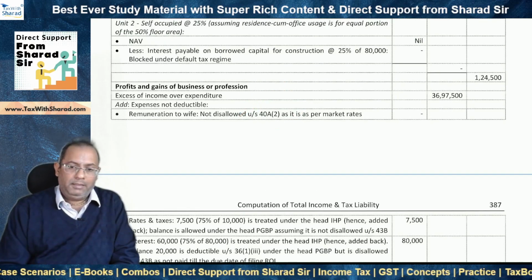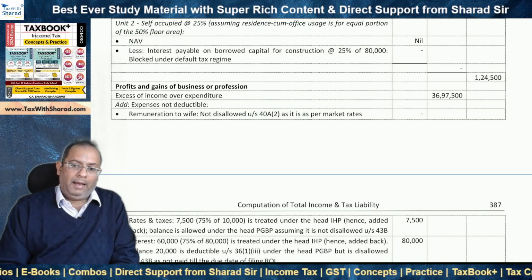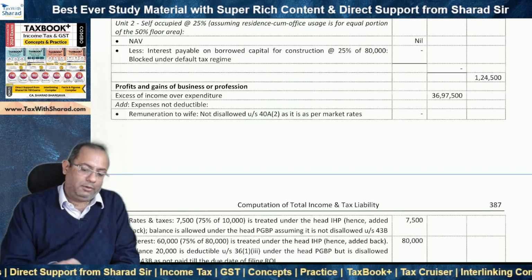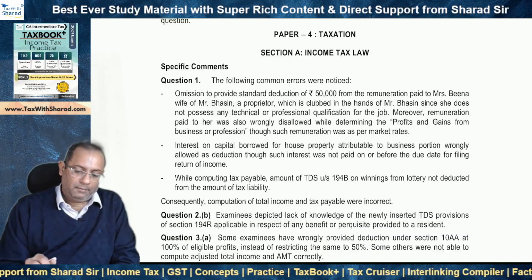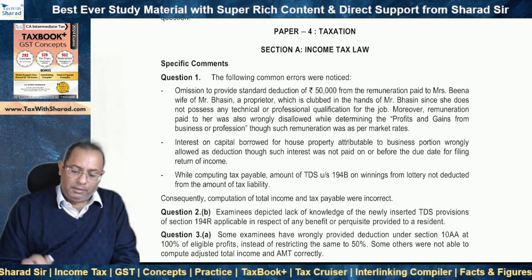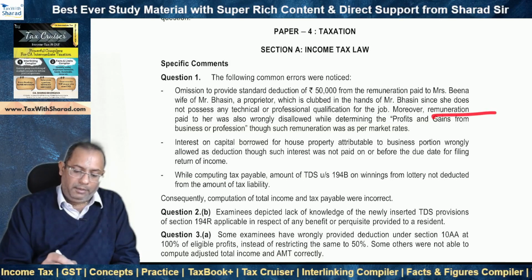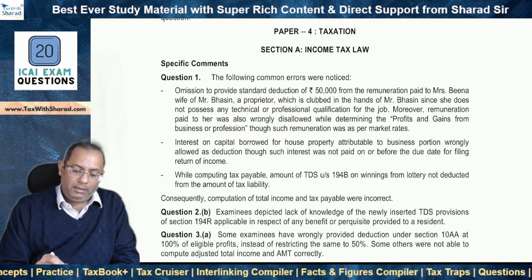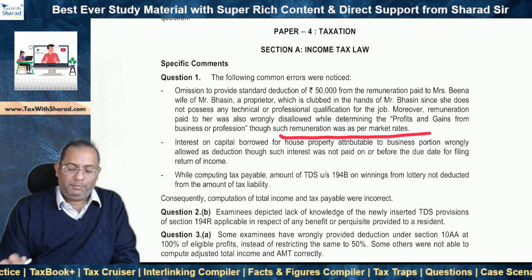Why? Because wife is a related party, and payments to related parties are disallowed under section 40A(2). And this is what many students did. Moreover, remuneration paid to her was also wrongly disallowed while determining PGBP income, though such remuneration was as per market rates.